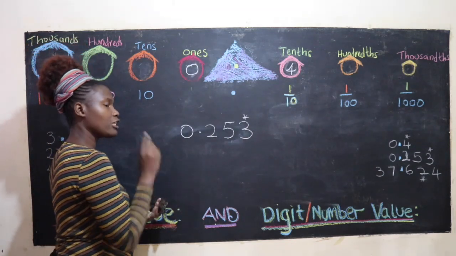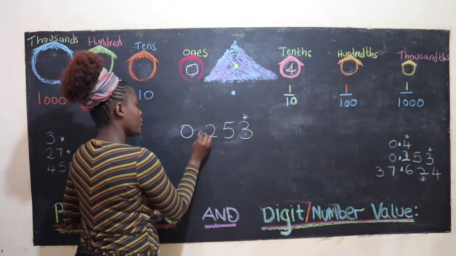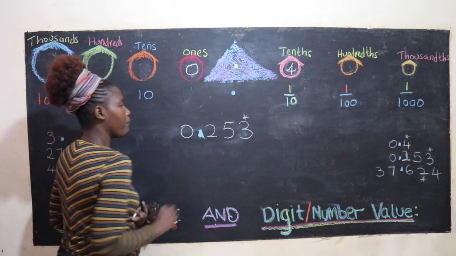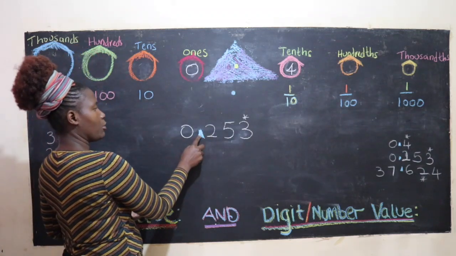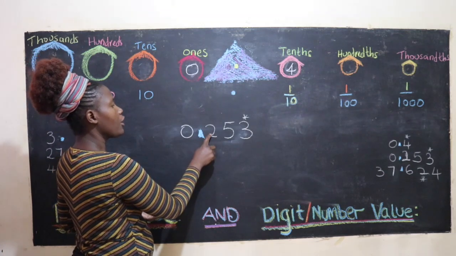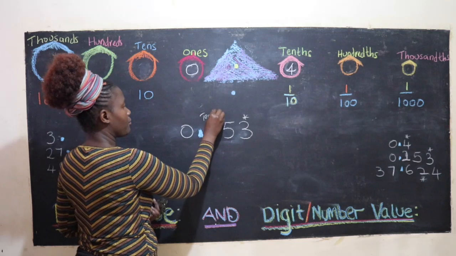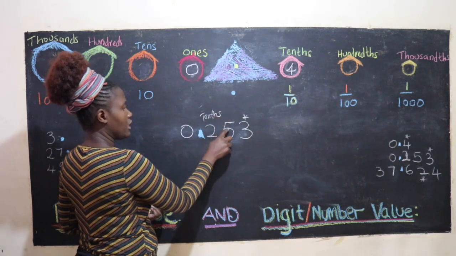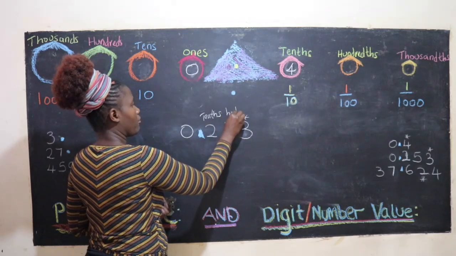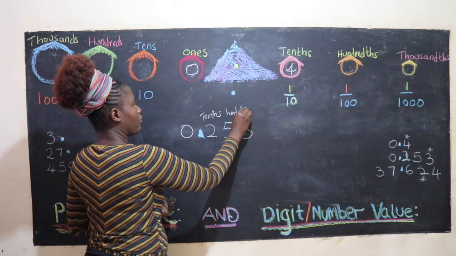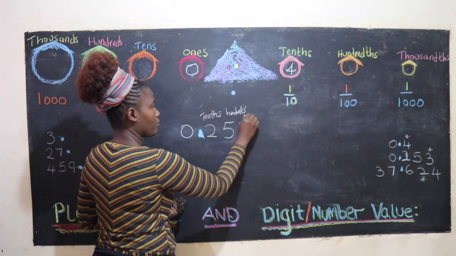What is important is to find the relationship of where 3 is to where the decimal mountain is. So from the decimal, this home would be tenths. Next one that follows would be hundredths. Next that follows would be thousandths.